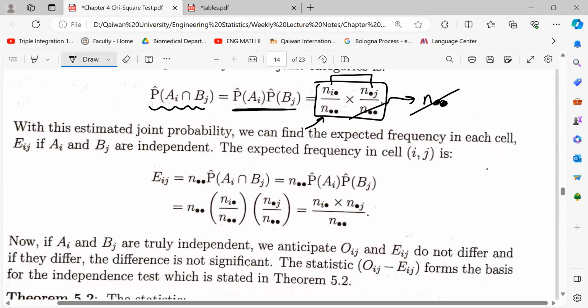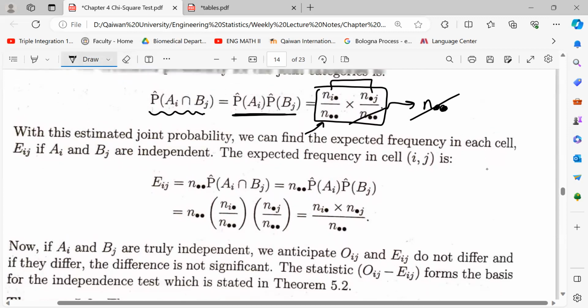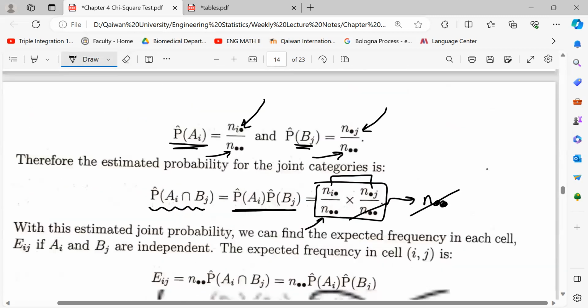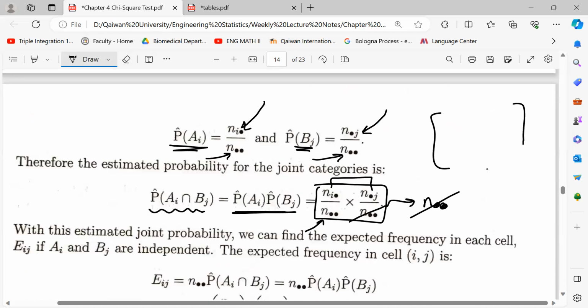And the expected frequency, for example, let me write down a table similar to the above one: 1, 3, 2, let's say 4. If you have these frequencies, they are given. These are the observed frequencies. To find the expected frequency, let me tell you what we do.